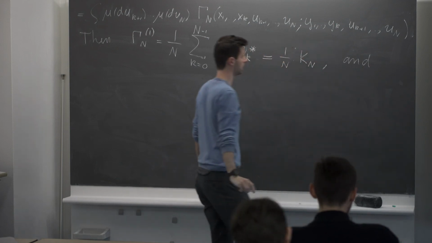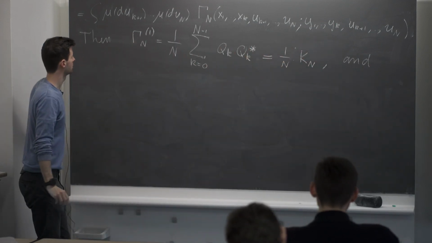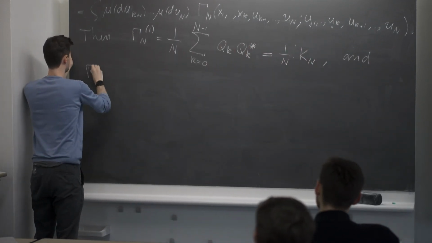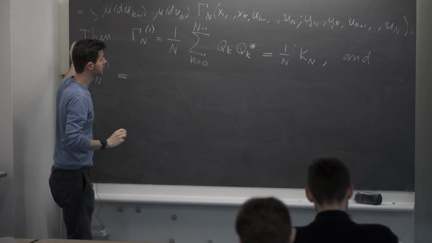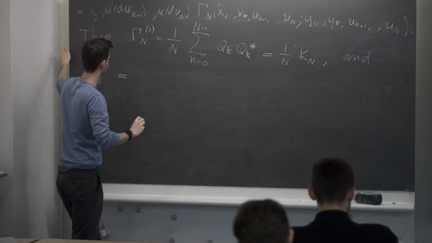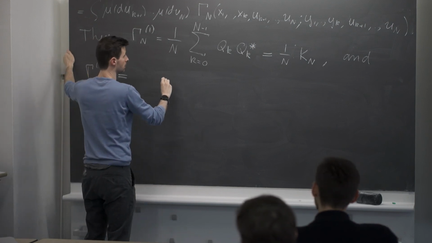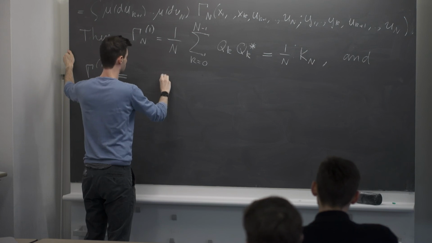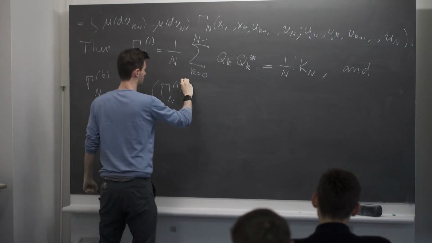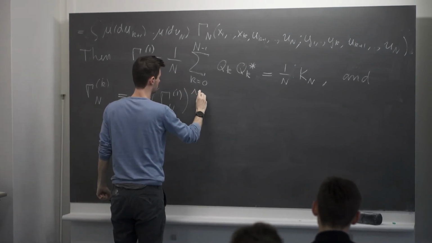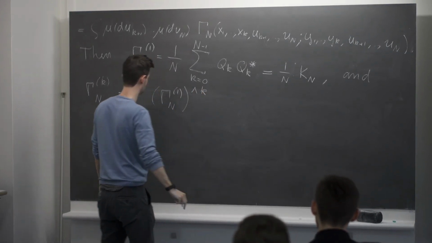You can compute any of the other reduced density matrices as taking exterior powers of this. So gamma n^k is the kth power.